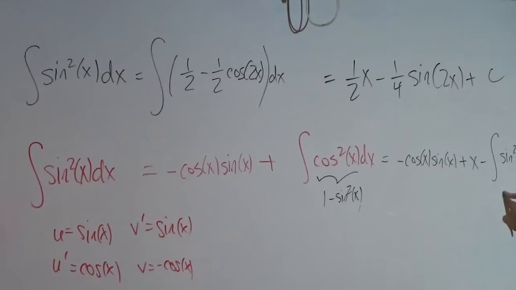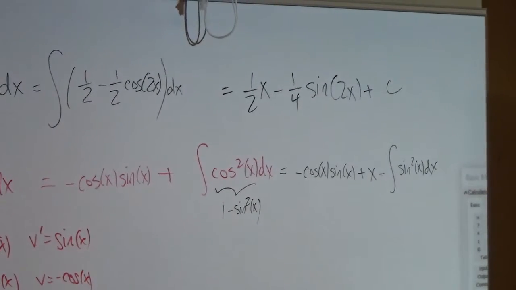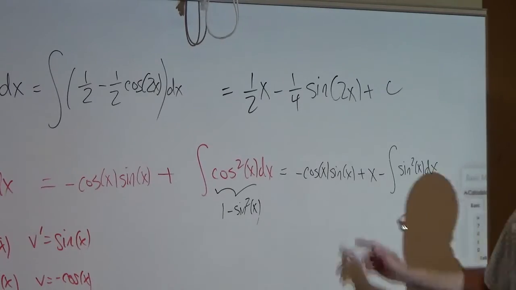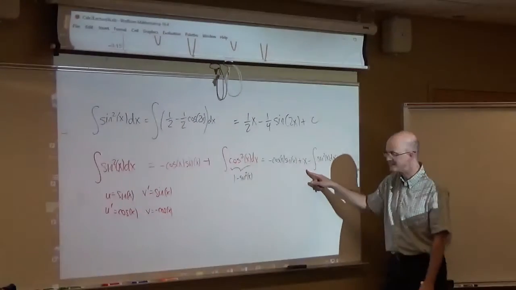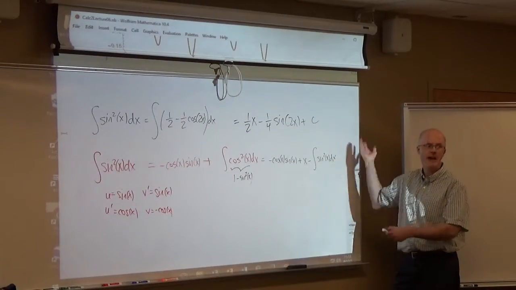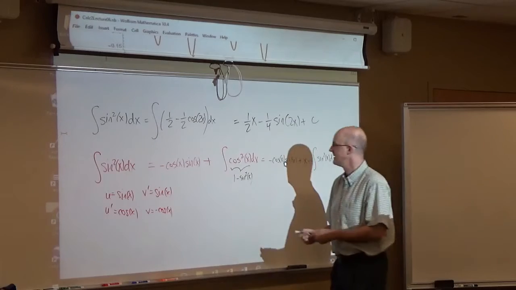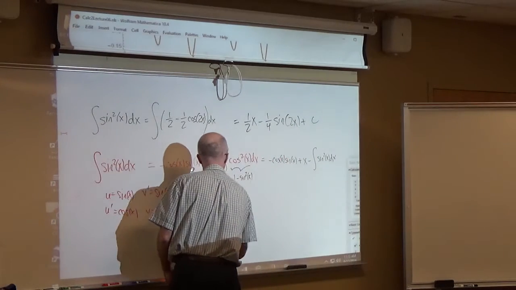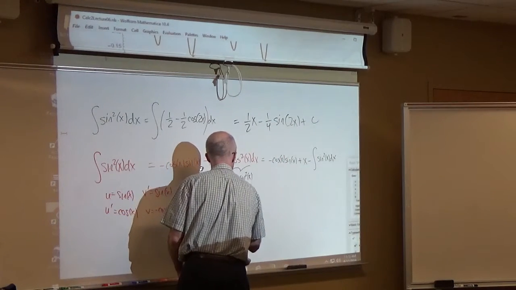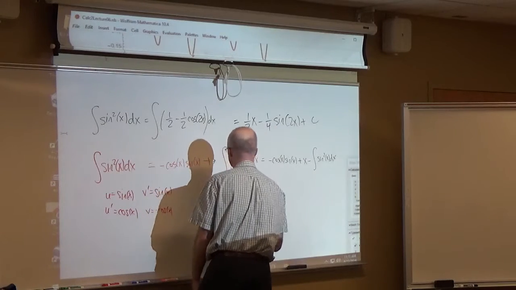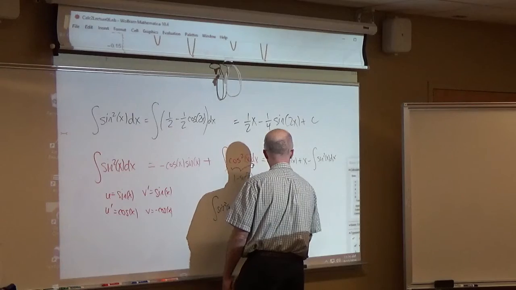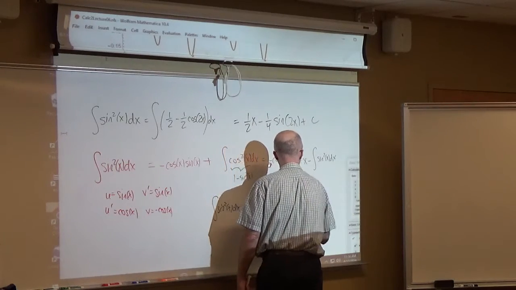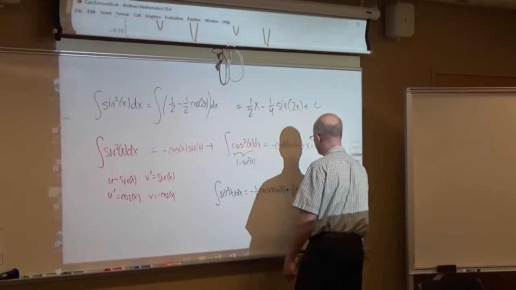Now add that integral to both sides, and then divide everything by 2, because you'll have 2 times the integral on the left side equals this. Divide everything by 2 and then tack on your plus c at the end. The integral of sine squared x is negative 1/2 cos x sine x plus 1/2 x plus c.